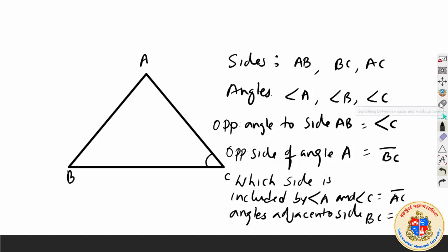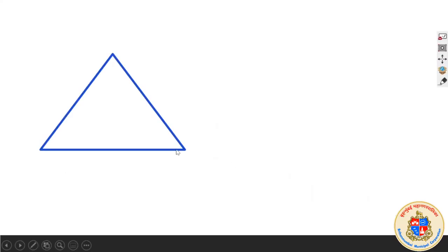And later we know that we are here to study about congruence of triangles. What is the concept of congruence? That I need to introduce you now. Look at this triangle. Just like already explained, the triangle has all three sides as well as three angles.